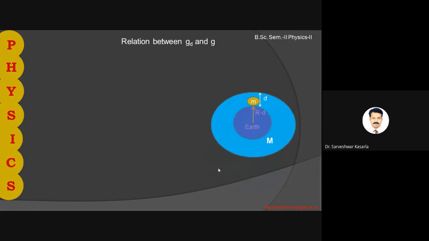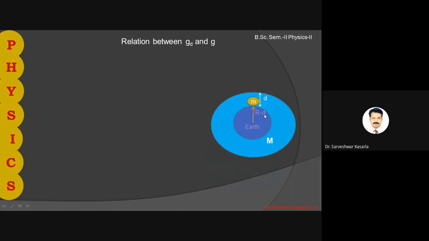So if the mass is taken inside, g_d is the acceleration due to gravity at the depth. If the depth is say d, so the mass is here. This is the entire earth and the mass is taken here at the depth d, and the distance between these two bodies, that is the center of earth and this body, will be R minus d.